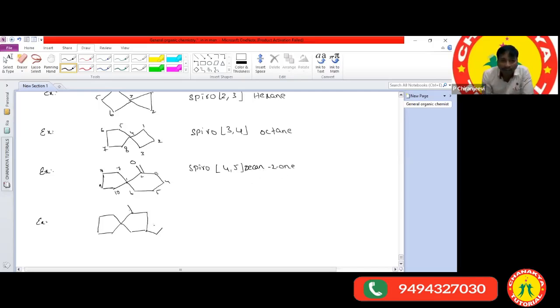Second one, Aditi. What is the IUPAC name of the given compound? Anja?